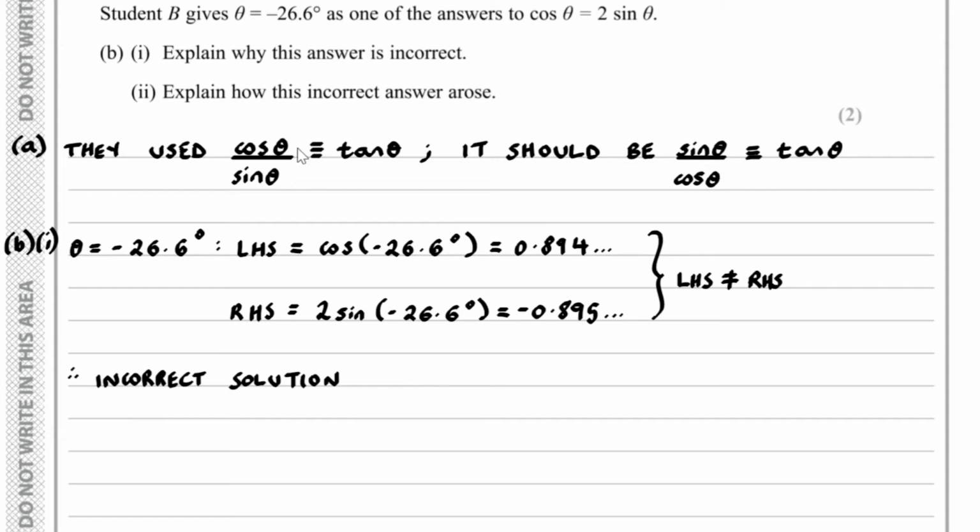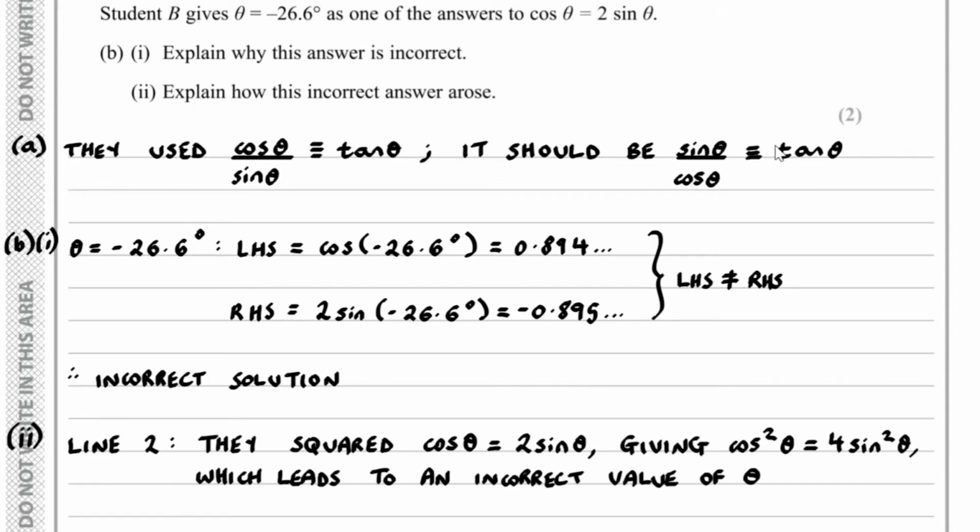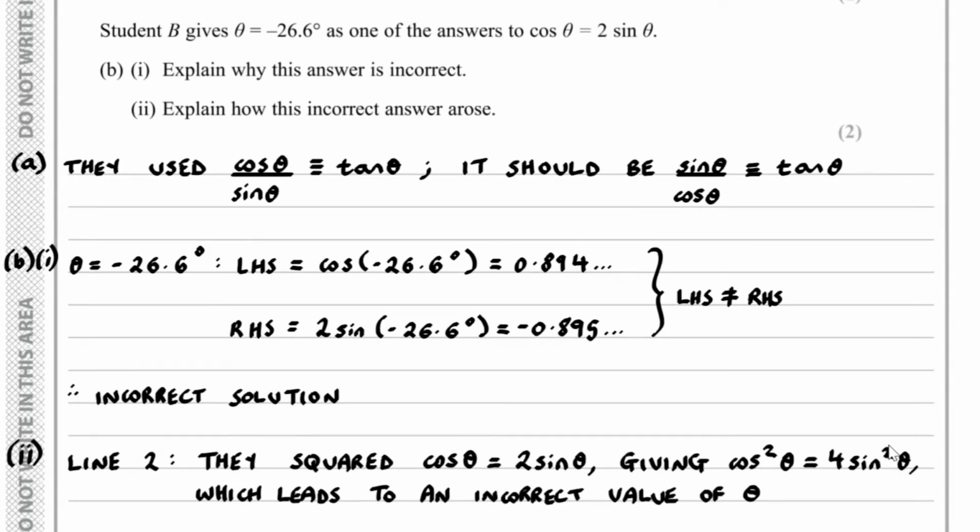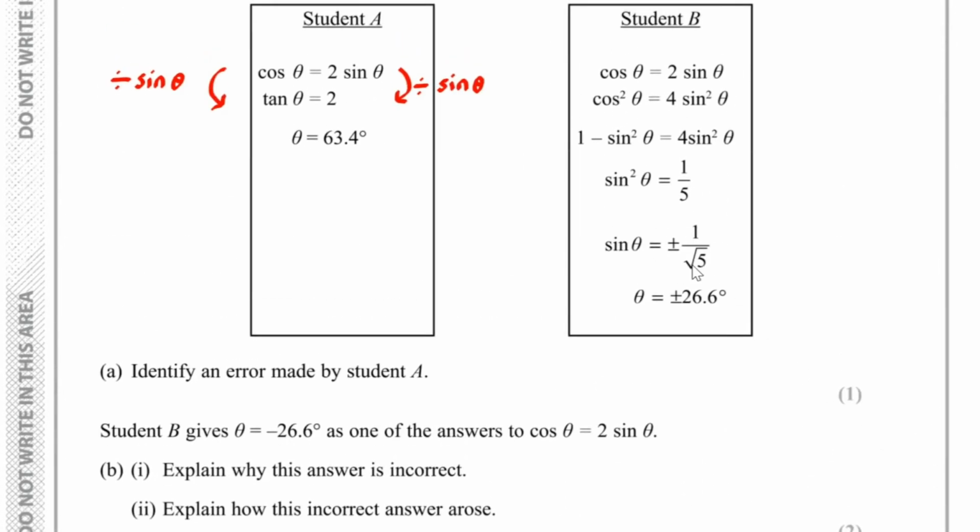Now let's think about how this incorrect answer arose. Well, on line 2, the squared cos theta equals 2 sine theta, giving cos squared theta equals 4 sine squared theta, and eventually this led to an incorrect solution.